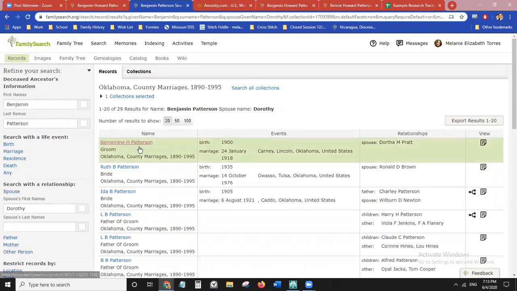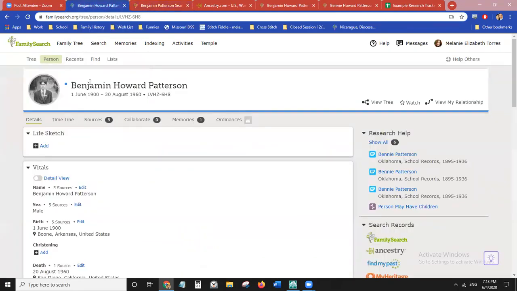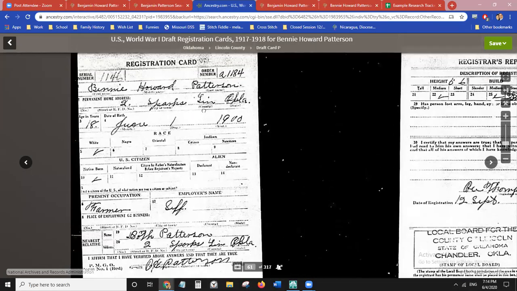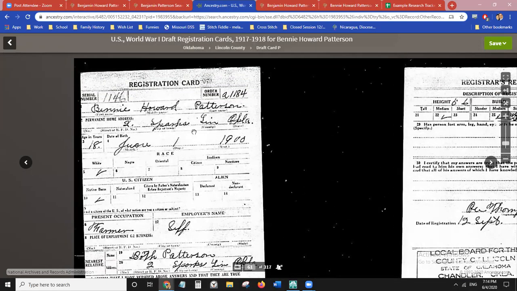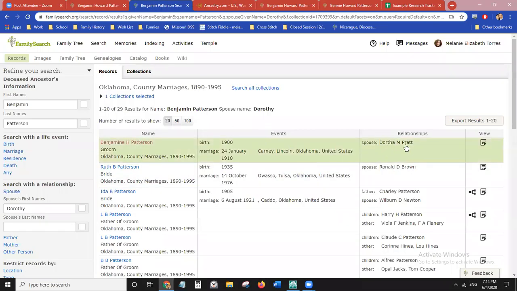Okay, so we have a Benjamin H. Patterson. Now that seems like a real good match. This is for Benjamin Howard Patterson in Kearney, Lincoln, Oklahoma. So we know this World War I draft card had him in Lincoln County. So that's a good match already. And then we have Dortha Pratt.